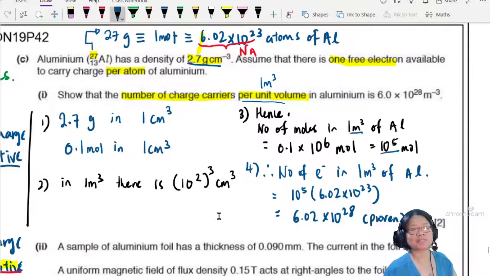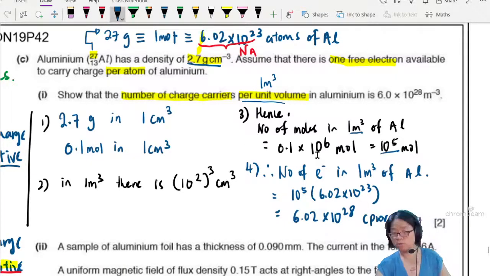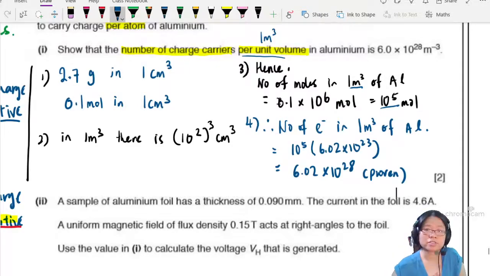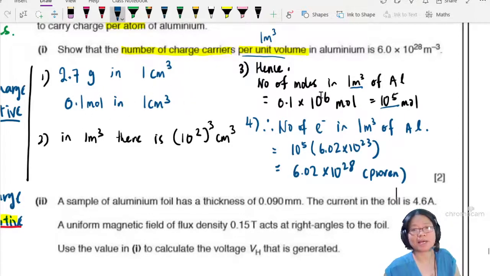Because 1 meter is 100 cm. So 1 meter cube is 100 power 3 cm cube. So times 10 to the power of 6. We plug this in to the number of moles, because we know that 1 cm cube has 0.1, so 1 meter cube will be 0.1 times 10 to the power of 6. So this 10 to the power of 6 came from this conversion.